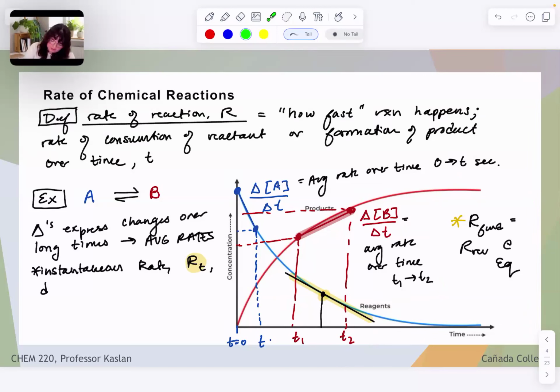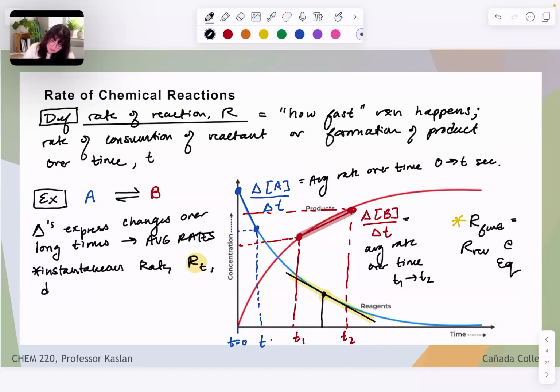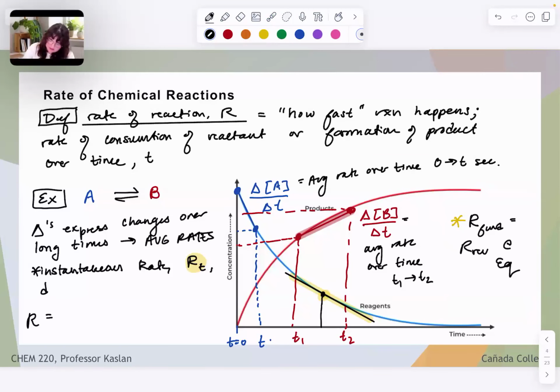So I'm going to write an expression for the rate for this reaction of A goes to B. I could say this is equal to the negative of the change in A at some instant, so dA, at some exact infinitesimal point in time, dt.